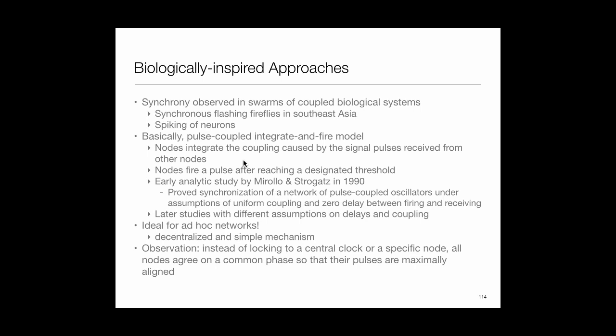But whenever it sees some other node fire, it will bump x up or down by some tiny amount. The idea being, I'm trying to synchronize with you. If I see you fire, and I haven't fired, then maybe I'll try to come closer to you. So I bump up the value of x that I have by a tiny amount. I keep doing this, and eventually everything becomes synchronized.